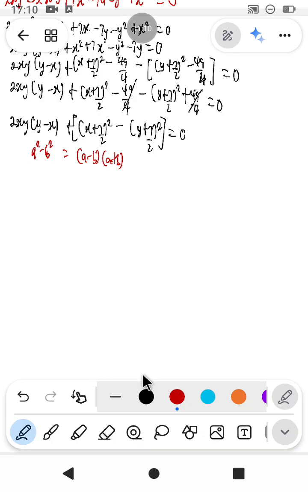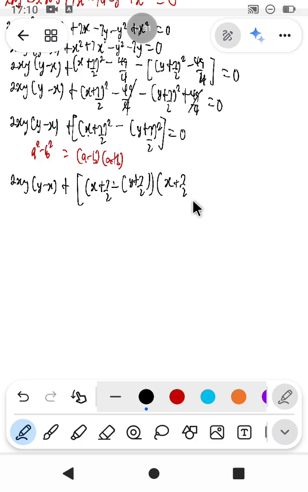We have 2xy into (y minus x), then plus, your a here will be x plus 7 over 2, and your b will be y plus 7 over 2. So we have (x plus 7 over 2 minus y plus 7 over 2) multiplied by (x plus 7 over 2 plus y plus 7 over 2), so everything here equals 0.